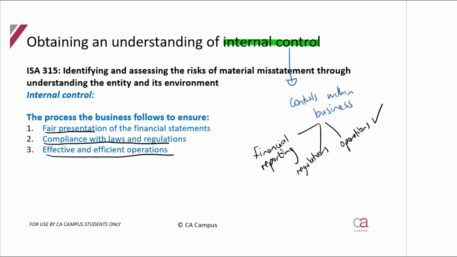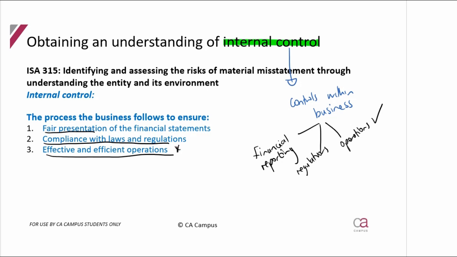And why are these controls even put in place? Why do they have them? Because the business needs to comply with the financial reporting frameworks and its laws and regulations in order to present the financials free from material misstatement and to be able to continue operating.